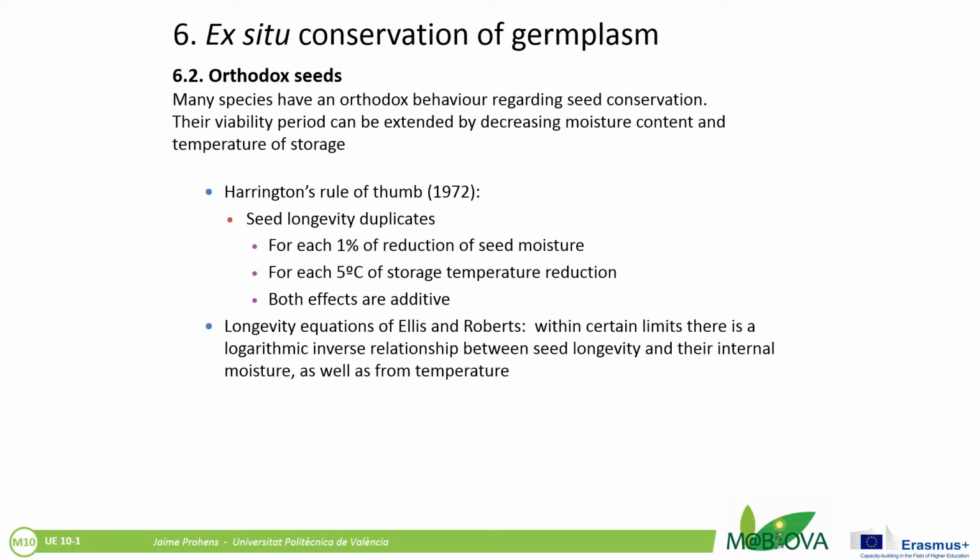In addition, both effects are additive. An additional development are the longevity equations of Ellis and Roberts, which state that within certain limits there is a logarithmic inverse relationship between seed longevity and their internal moisture, as well as temperature.